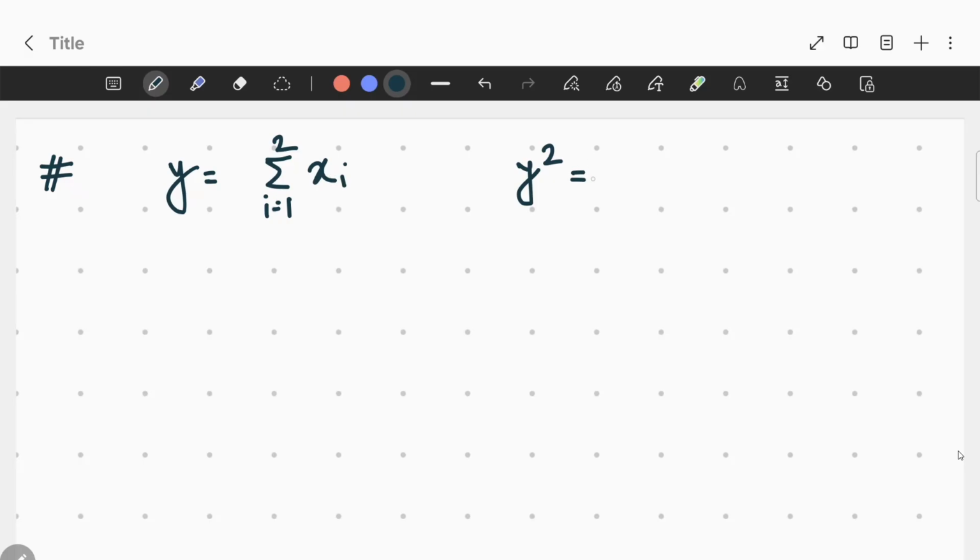What will be the general formula? Can I write this as the sum over xi whole square?